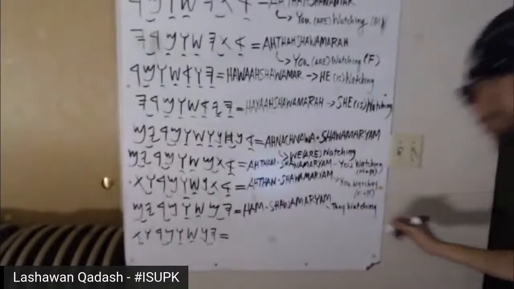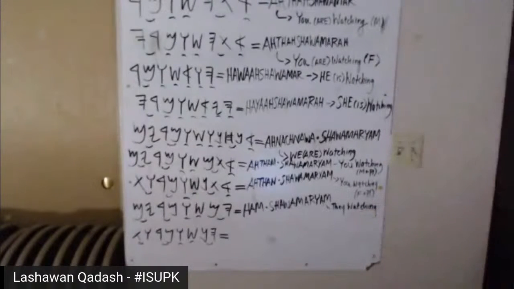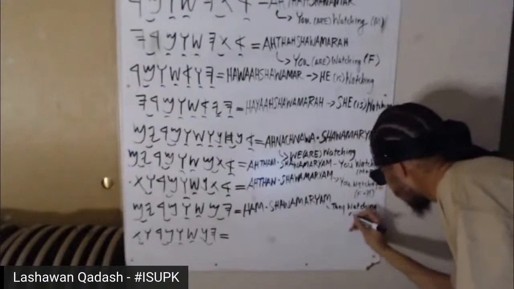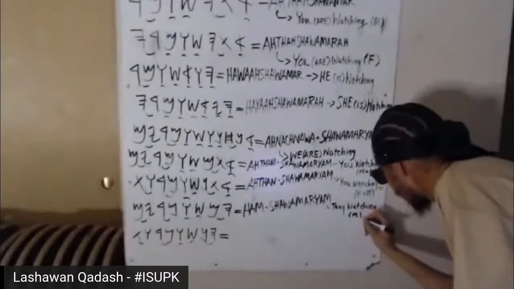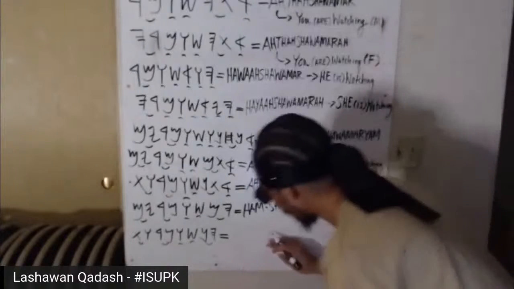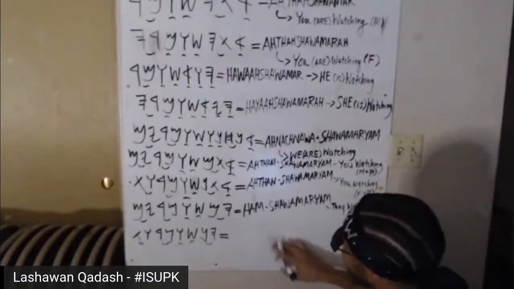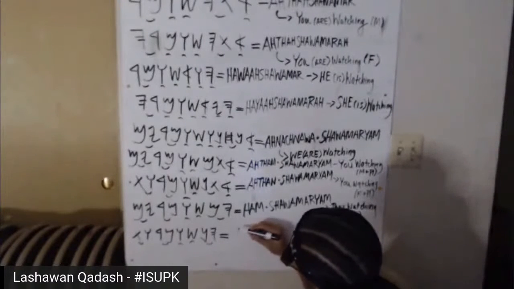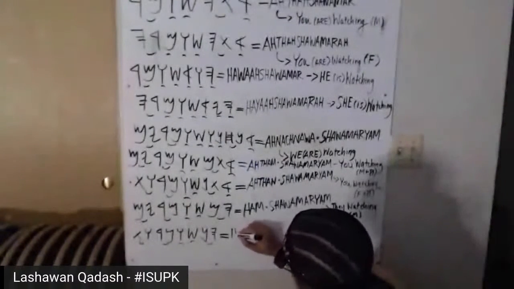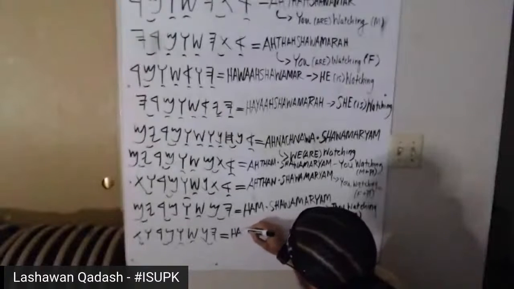And this is masculine. This one is the same, it's just different because it's for the woman. So ha connected to the na is hun.